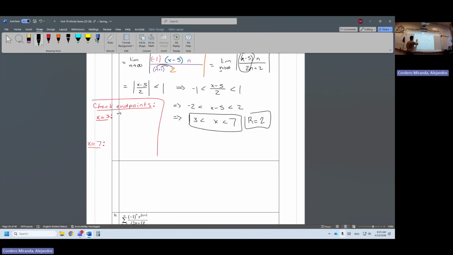Basically, if x is 3, then this series turns into the sum from n equals 1 to infinity of negative 1 to the n plus 1, times 3 minus 5 to the n, over n. Then this simplified turns into the series from 1 to infinity of negative 1 to the n plus 1, times negative 2 to the n, over n times 2 to the n.